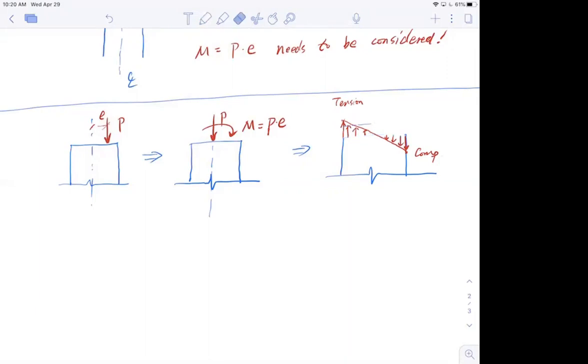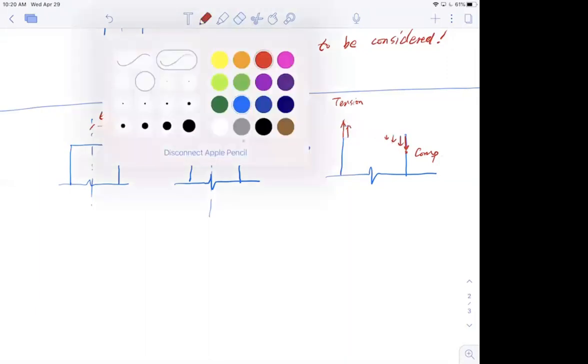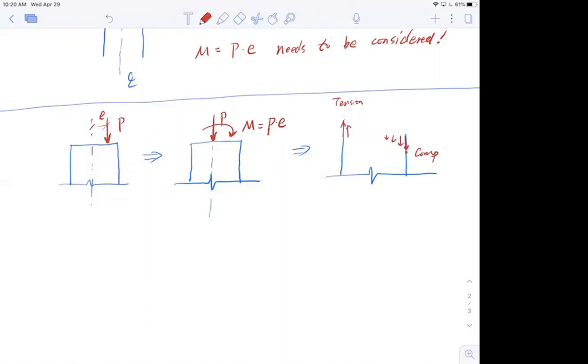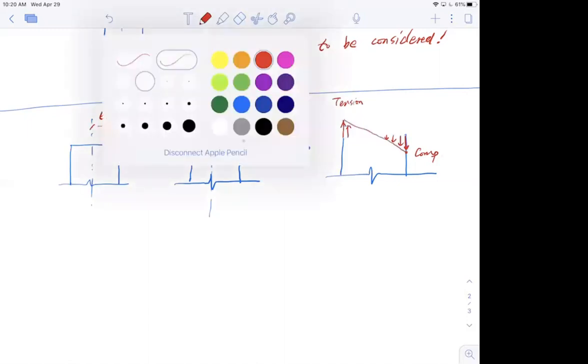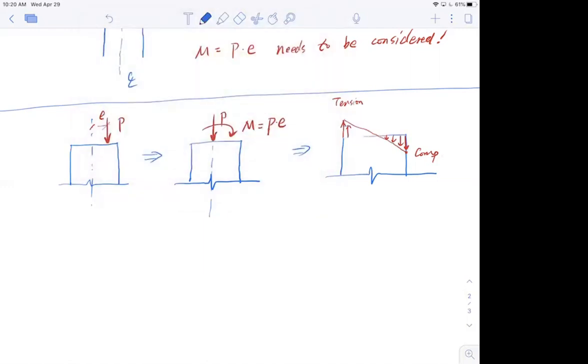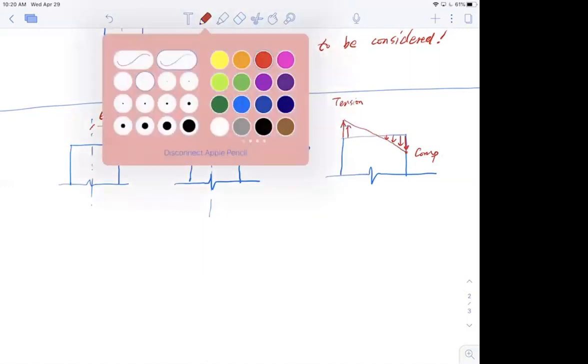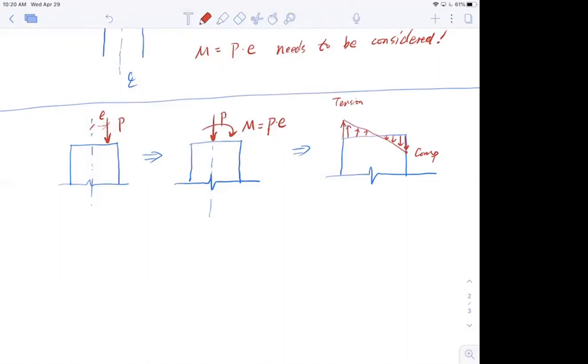Sorry, let me use black. Get this thing fixed here, and then use a blue color to get it fixed here. All right. We also have to consider the compressive stress, because I have a uniform stress generated by P, by the compression force.